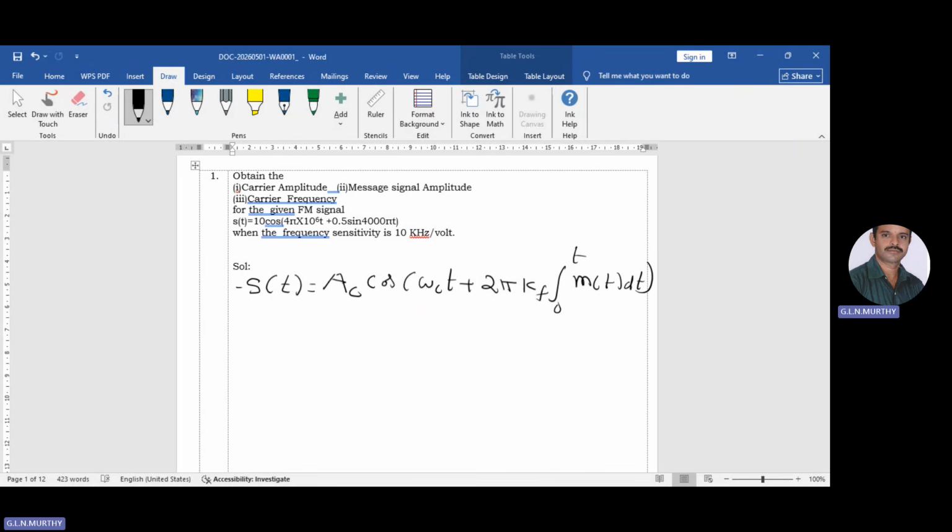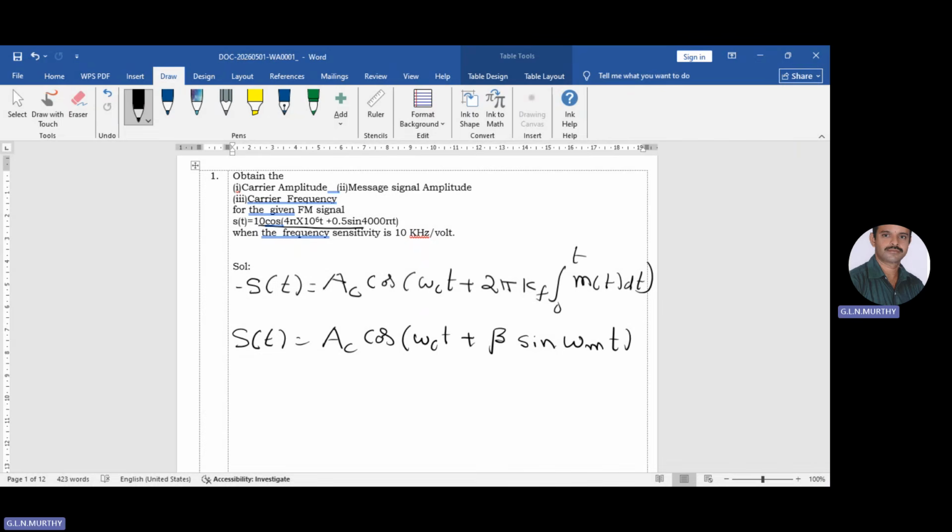If you know directly which expression to use for problem solving, that is very good. If someone were unaware of the expressions to be used, write down the expressions and then go ahead. That is one expression. Simultaneously, we have one more expression for FM given as A_C cos(ω_C t + β sin ω_m t).